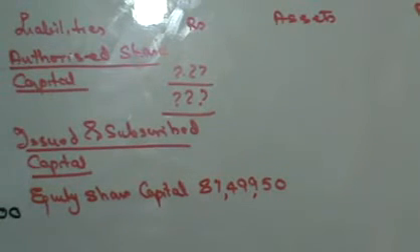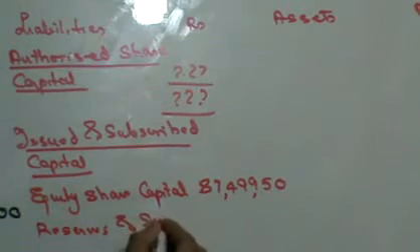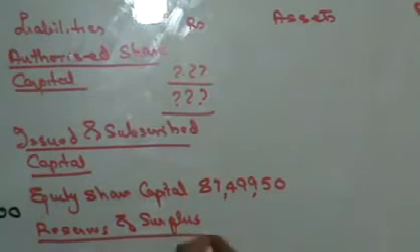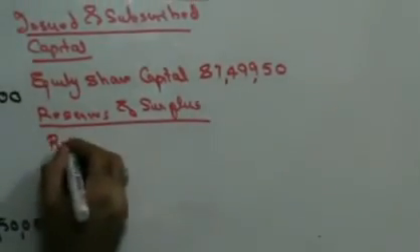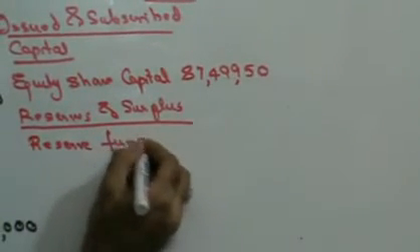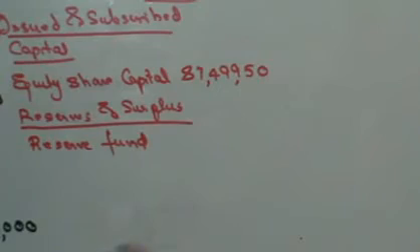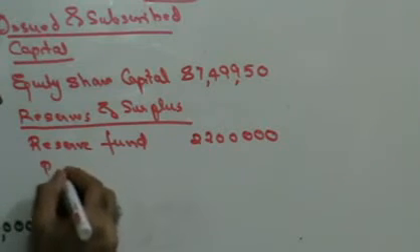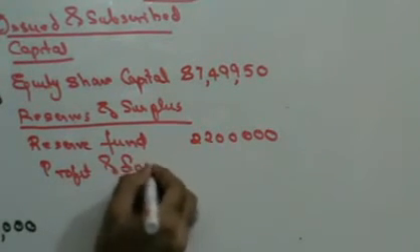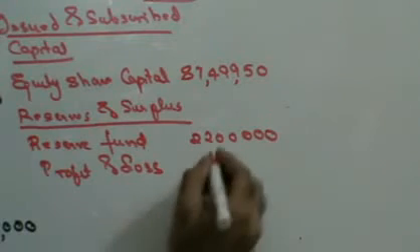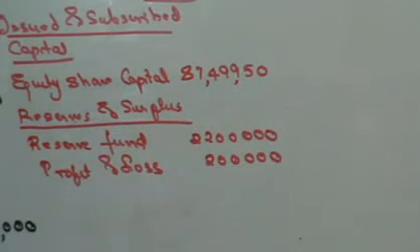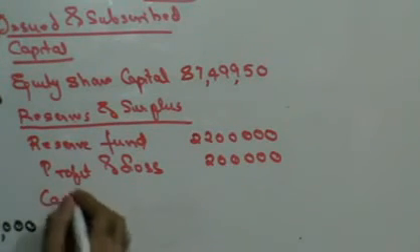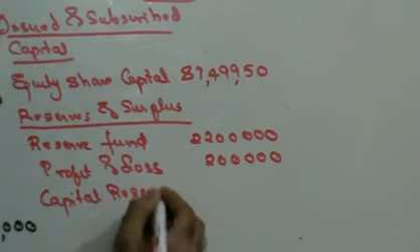Then reserves and surplus. Under reserves and surplus, you have reserve fund. Reserve fund is 22 lakhs. Then you have profit and loss. Profit and loss is 2 lakhs. Then you have capital reserve, 4 lakhs.